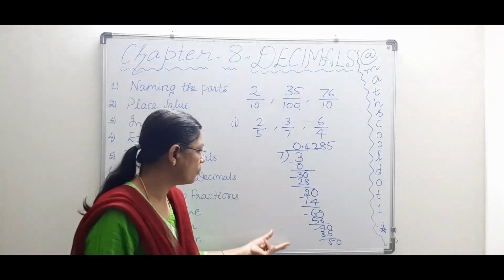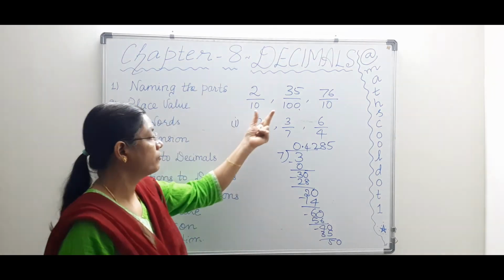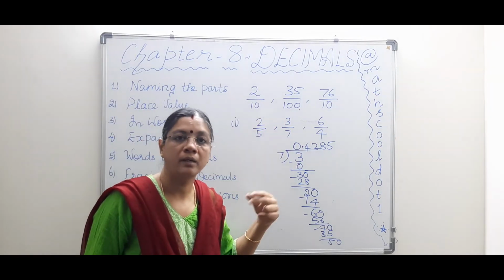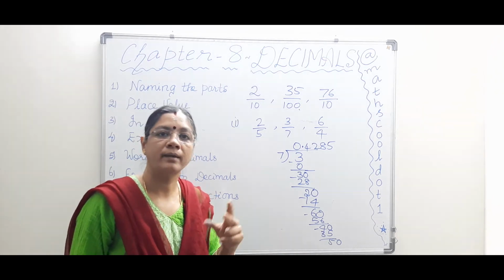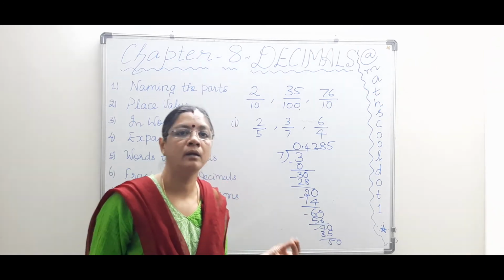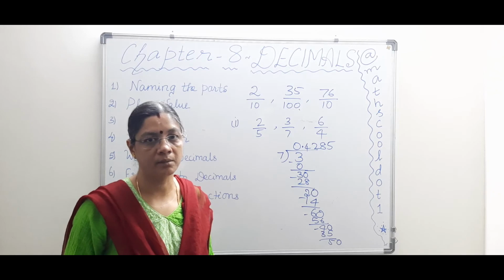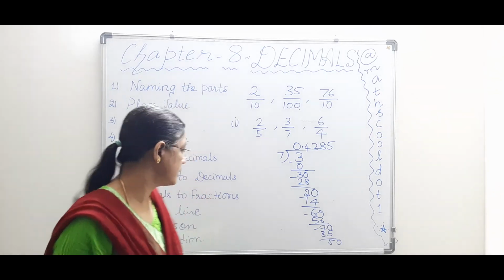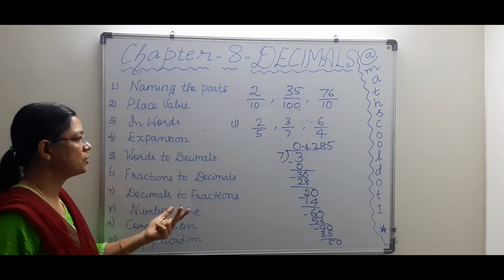Okay, so that is how we find out decimal numbers for fractions whose denominators are other than tens or multiples of tens. Do you understand? So either change the denominator to tens or multiples of tens if you can. Otherwise, divide it directly so that you can get the decimal numbers. Do you understand? So that is how we change fractions to decimals.